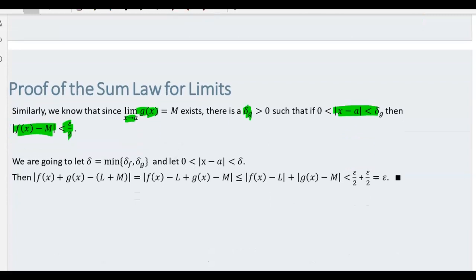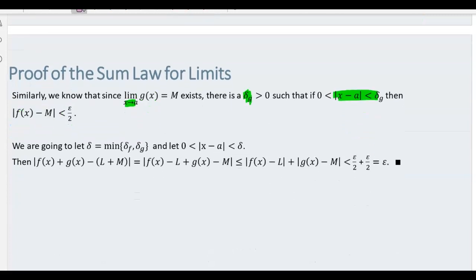So what we're saying in this next line is, okay, let's choose the minimum of the two deltas, the delta for f and the delta for g. Let's choose the smaller of them.